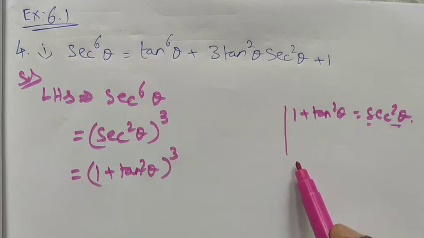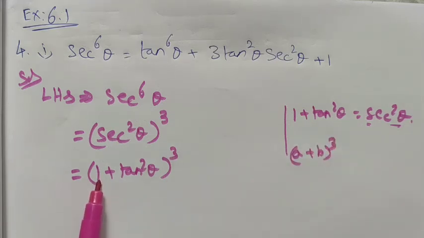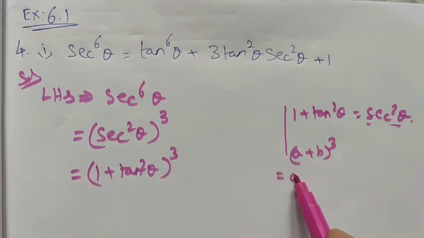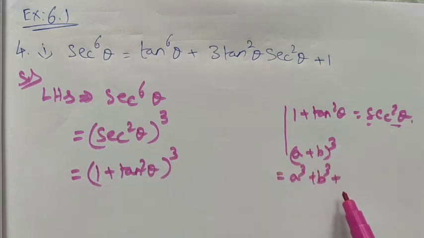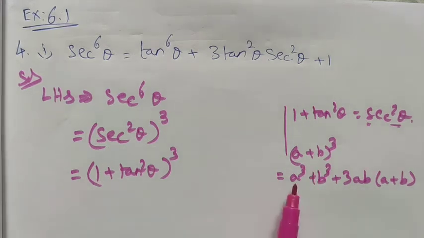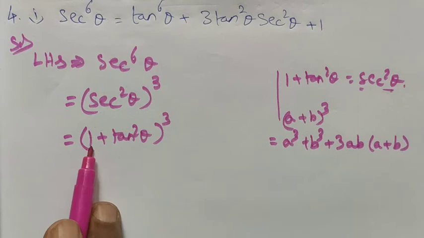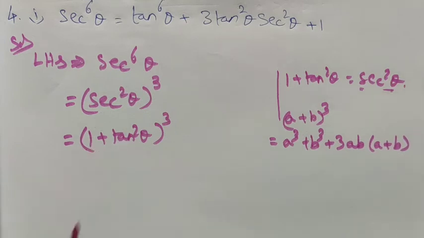So it is in the form of a plus b whole cube. We have the formula a cube plus b cube plus 3ab into (a plus b). It is the formula of a plus b whole cube, right? So we are going to write the given terms, that is 1 plus tan square theta, in this format. In the place of a is 1, in the place of b is tan square theta.